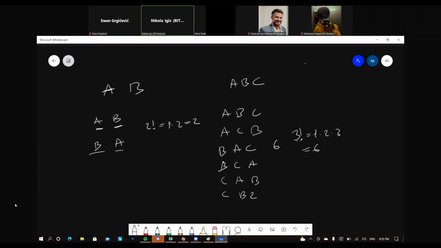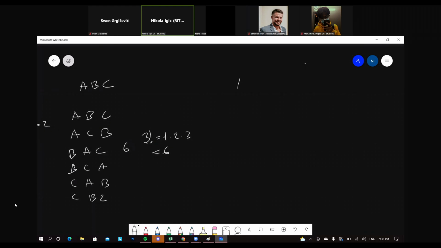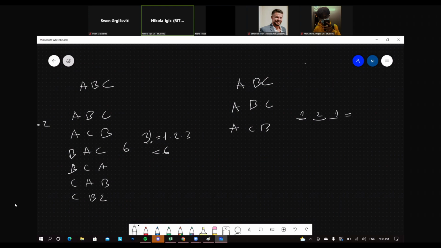But what will happen if I also need to arrange A, B, C, but I know it starts with A? I only have B, C, A, C, B, which is going to be 1 for the first, 2 for the next, and 1 for this one, which is again 2 factorial.